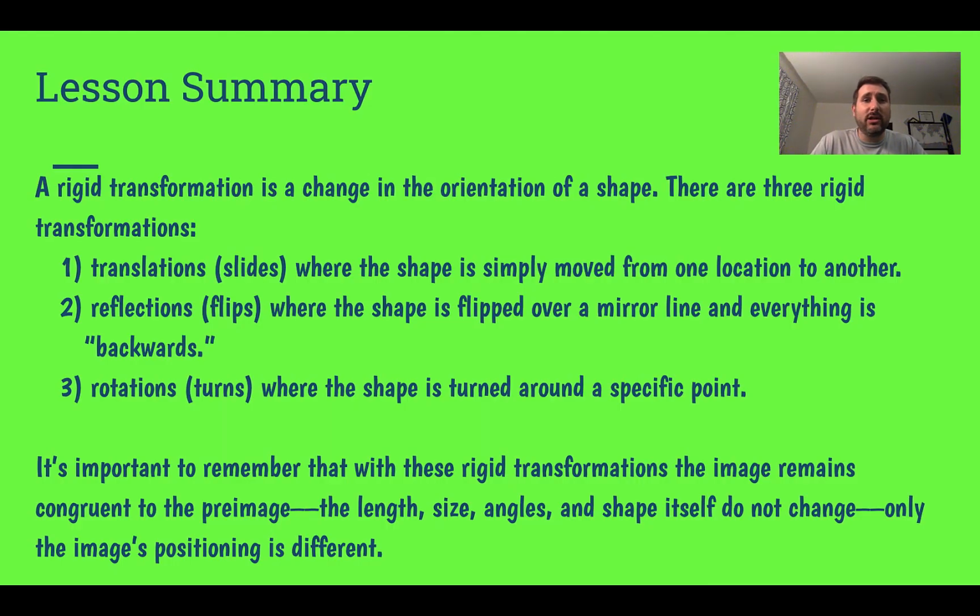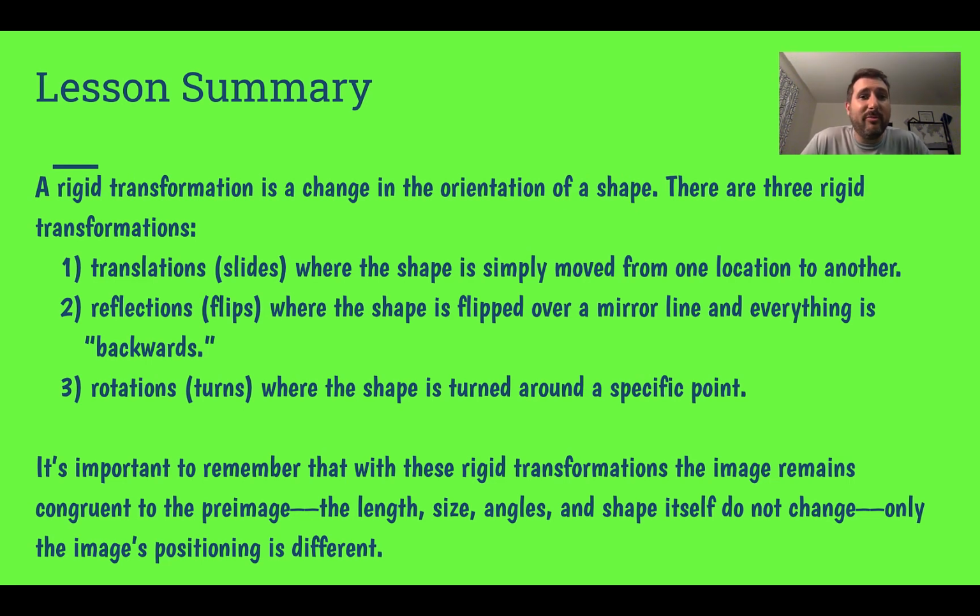In this lesson, we learned about transformations, or specifically rigid transformations, where we are just changing the orientation of the shape. There were 3 that we learned about: translations or slides, where you're just moving that shape from one place to another. There were reflections, where you are flipping it over a mirror line and everything is just backwards. And then we learned about rotations, where we're turning the shape around a specific point.